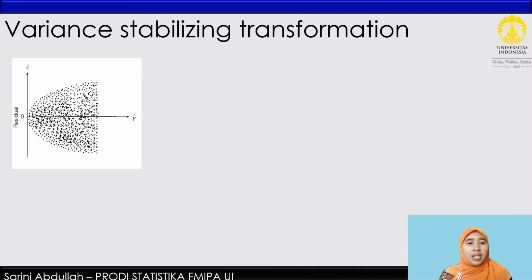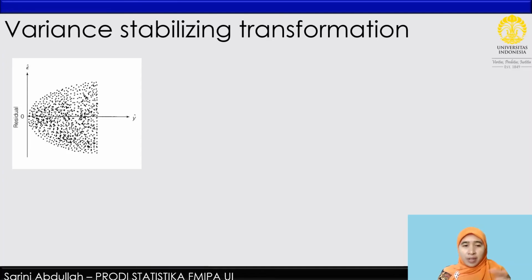That is one approach to handle the problem of heteroscedasticity. And because here the variance that we are looking for is the variance of the errors or the variance of the response variable, they are the same. Then the transformation should be done to the response variable instead of the predictor variable.